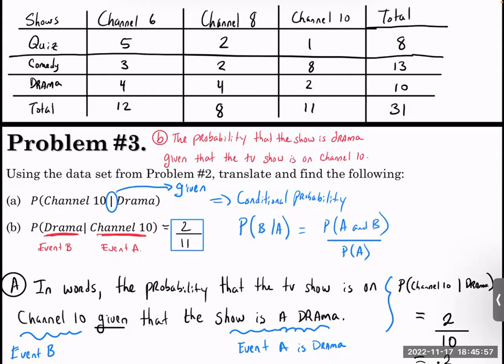There's 2, so it's 2 out of 10. The other way, if you would have done drama versus channel, channel would have been 11, so it's 11 shows on channel 10, but 2 of them were drama, so it's 2 out of 11.